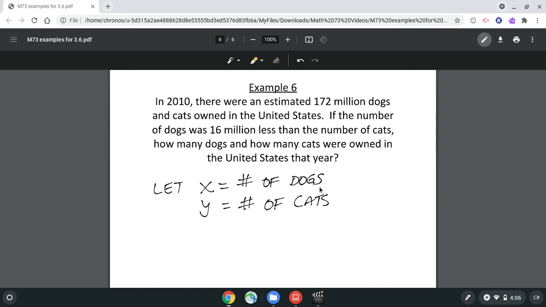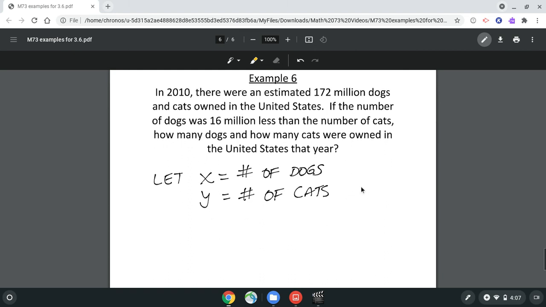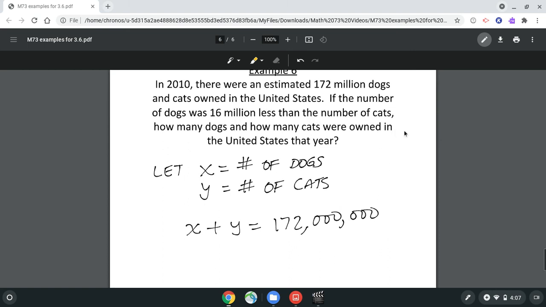Okay, so what do we know about them? We know that 172 million dogs and cats were owned. So then X plus Y equals 172 million. What else do we know? The number of dogs, that's X, was 16 million less than the number of cats. So the number of dogs was equal to 16 million less than the number of cats.